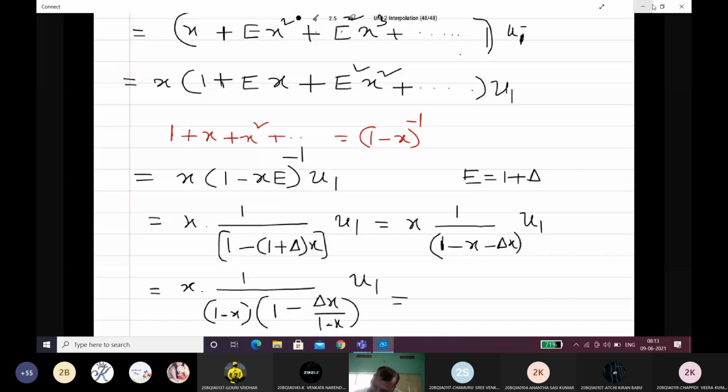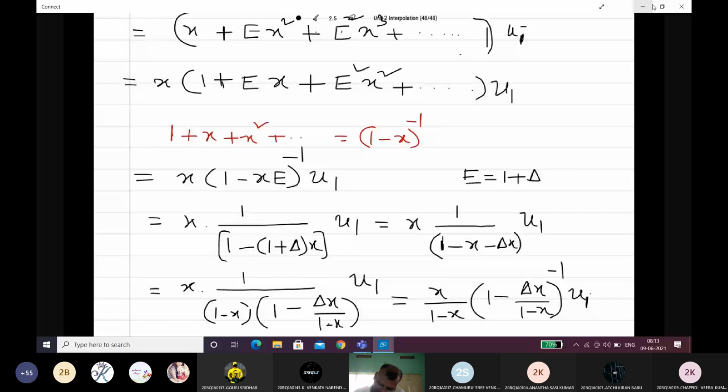Why did we take this? In the solution, the right-hand side should have x by 1 minus x terms, so conveniently we rewrite it this way: x by 1 minus x into (1 minus delta x by 1 minus x) whole power minus 1 into u1. Again we have to expand this in terms of 1 plus x plus x square plus x cubed and so on using this expansion.